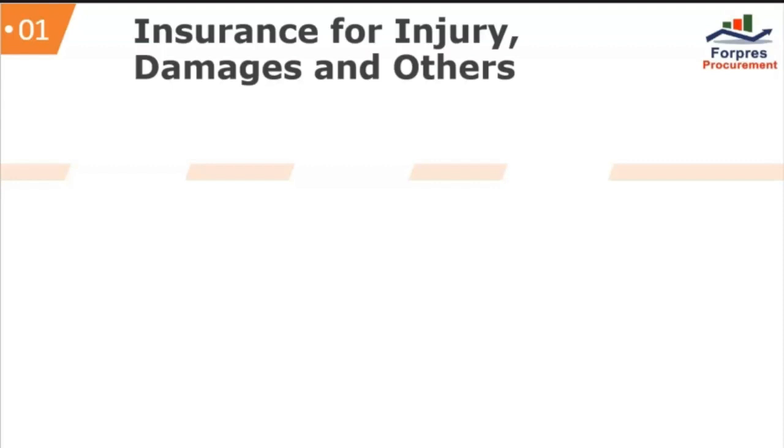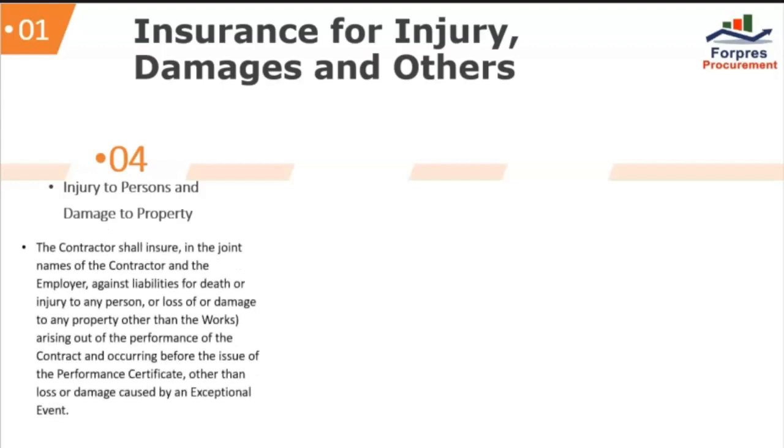Insurance for injury, damages, and others. Injury to persons and damage to property, that is third party. The contractor shall insure in the joint names of the contractor and the employer against liability for death or injury to any person or loss of or damage to any property other than the works arising out of the performance of the contract and occurring before the issue of the performance certificate other than loss or damage caused by an exceptional event.